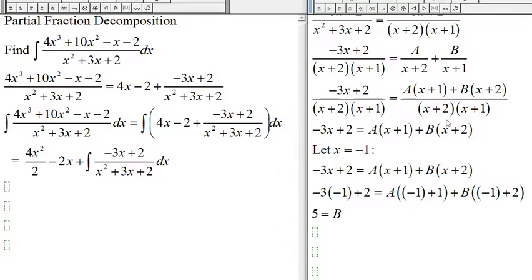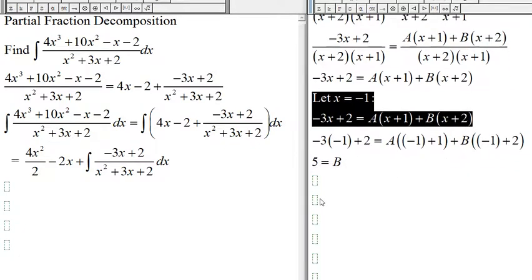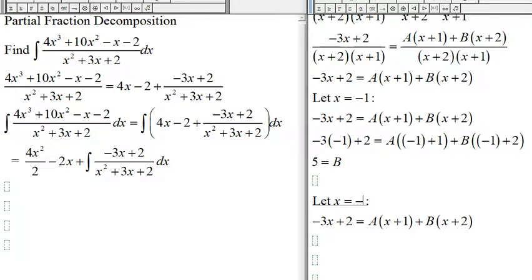And then to figure out what A is, pick something that will make this factor 0. So we'll pick negative 2. Then in the place of x, we have negative 2.